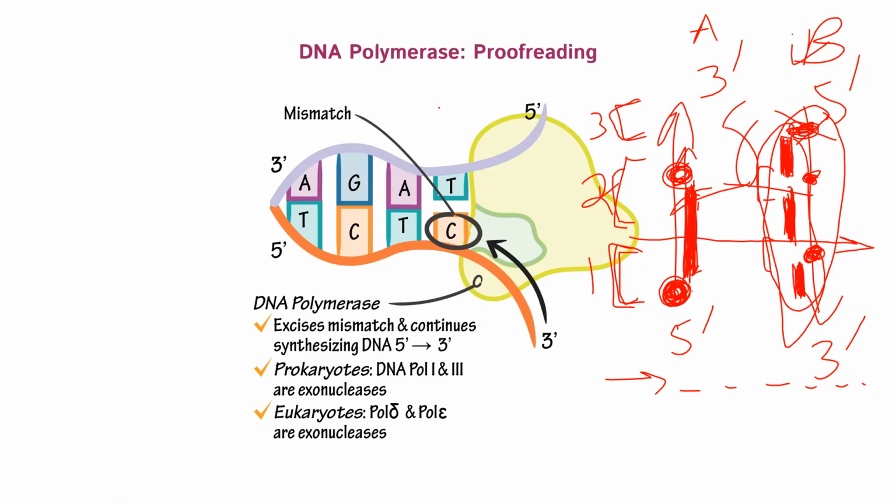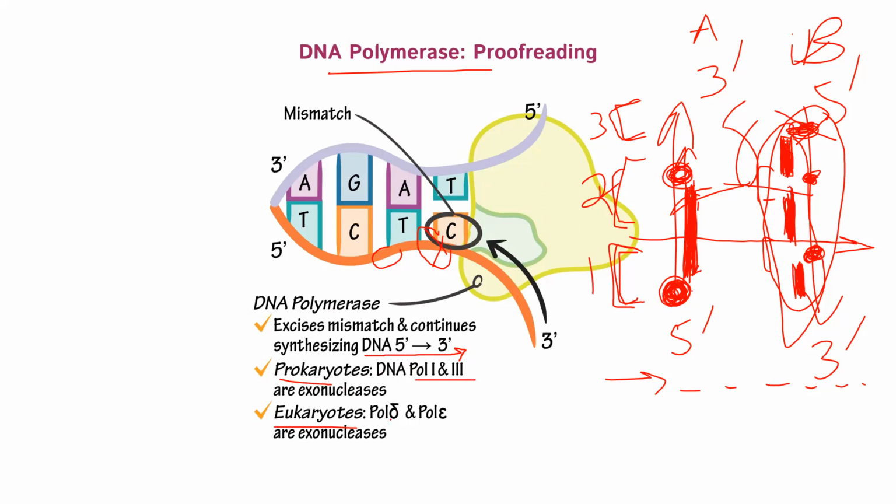The important things are the function of the DNA polymerase, which is forming these bonds and excising incorrect bonds. The second thing is that a DNA polymerase always works from 5' to 3' and never the opposite. The third fact that you need to remember is prokaryotes and eukaryotes have different DNA polymerases. Prokaryotes have polymerase 1 and 3, okay?